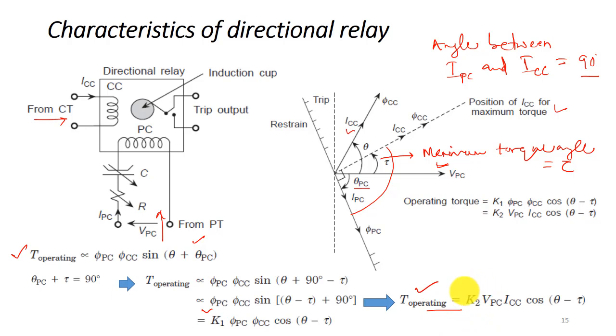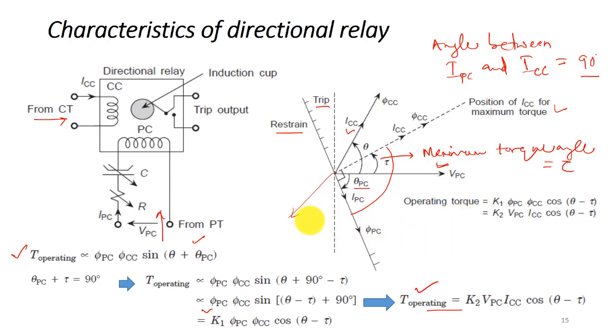Now from here we can find the restraining zone and the trip zone. If your current phasor lies somewhere in this zone, then we can easily say that the torque developed is negative.